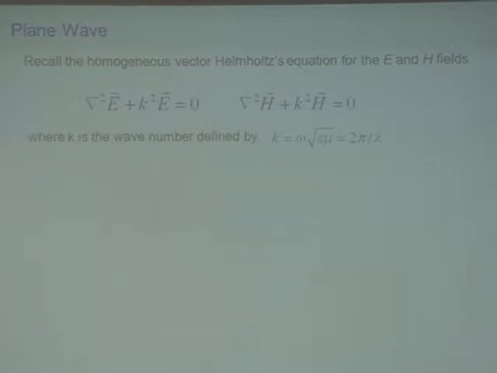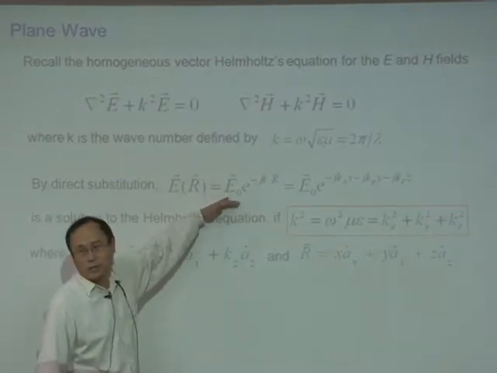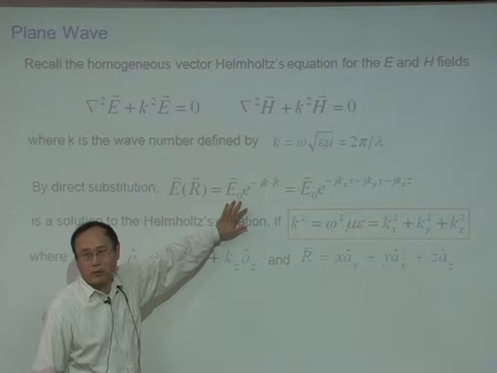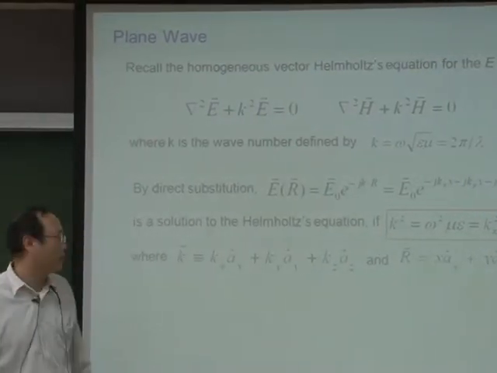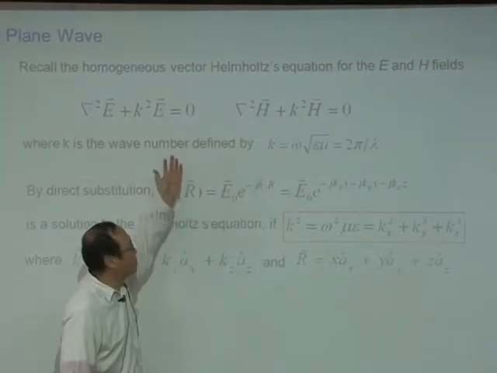Suppose that we do not know the solution and just guess it. 猜它。Let's guess that there's a solution like this. Well, but this is not the only solution. Okay, I have to point out that this is the particular solution in the XYZ coordinate system. But just assume that you have such a solution, and then put this into the Helmholtz equation.